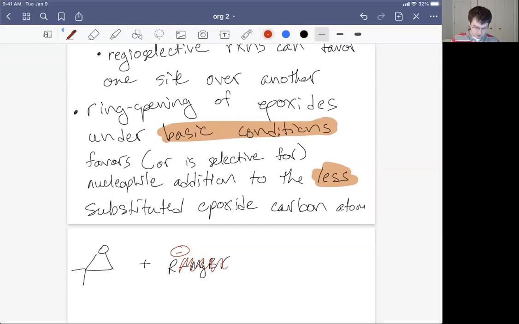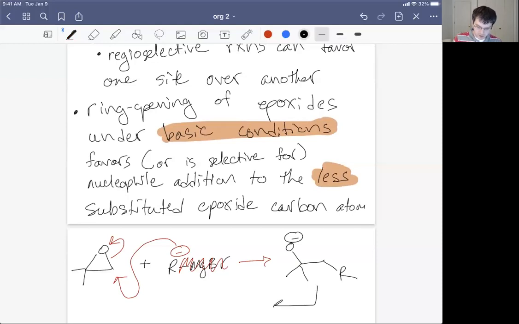We're going to favor substitution, or ring opening, where the nucleophile adds to the less substituted position, and that's going to be the position without the methyl groups in this case. So that's going to kickstart our reaction so that we get to something like this.